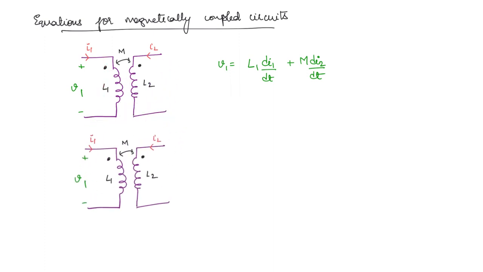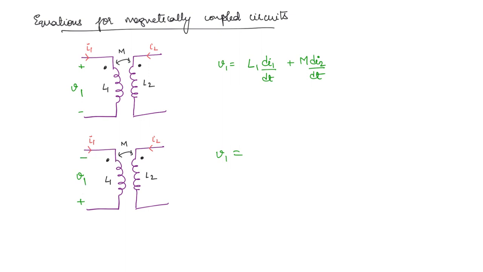Now the same circuit, instead of taking the polarity in this way, we will reverse the polarity. Okay, so that means here you are taking negative, here you are taking positive. This is now V1. Okay, so V1 will be negative of this, that we know, but we will write with respect to this. So you can see that V1 is equal to, now the current is flowing into the negative polarity.